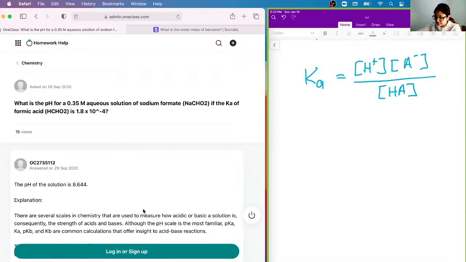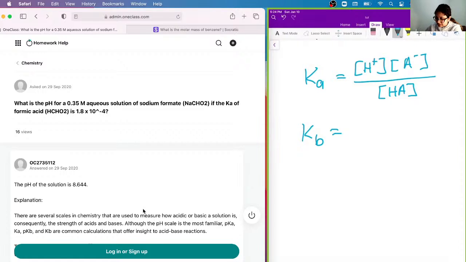Meanwhile, Kb is used for bases. It measures how completely a base dissociates into its component ions in water.